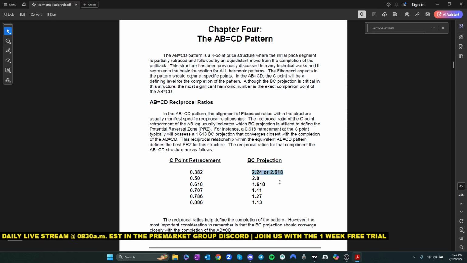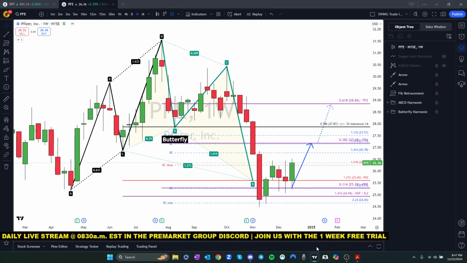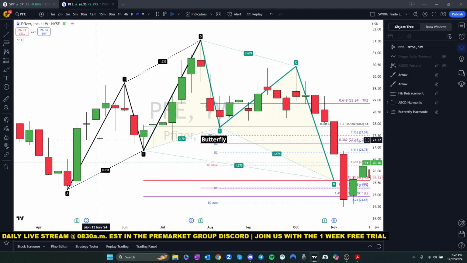So all of these numbers over here on the right side that are affiliated with the numbers on the left are the most critical, because these set up an if-then scenario. These are the numbers that will help validate or invalidate the retracement for the pattern. So this rejection up here for the ABCD pattern in black for Pfizer was defining the future price action off that rejection. That was a successful retracement.